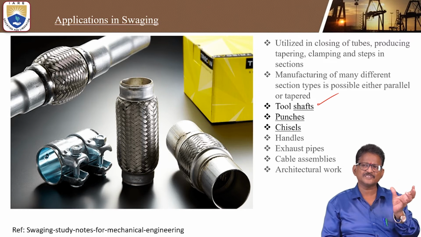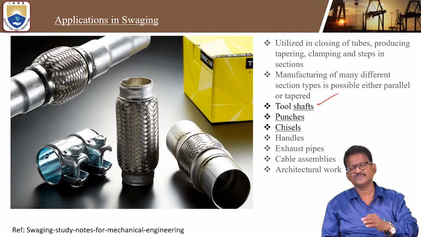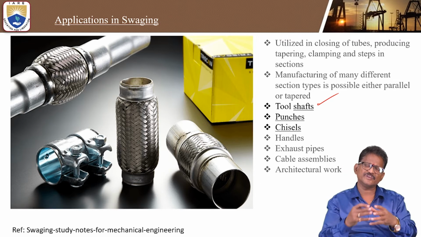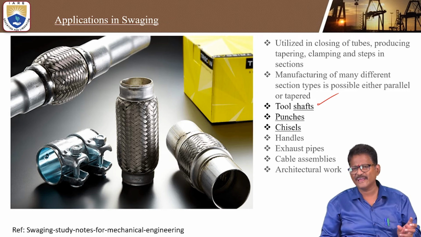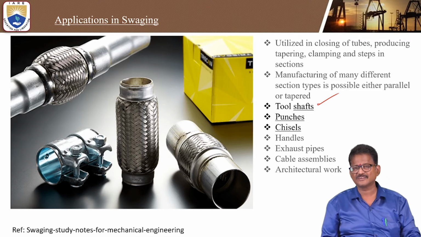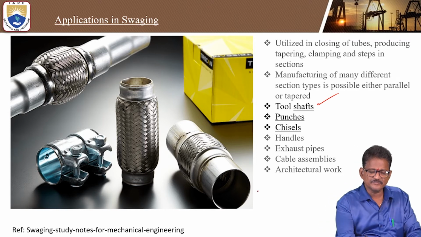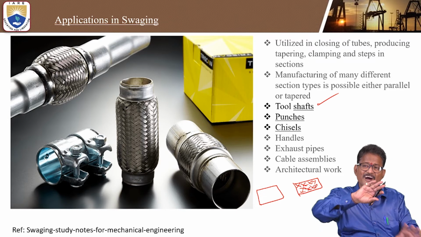It also has cable assemblies, wherever you use a three-phase supply, the RYB cables, where you can fit these types of applications, which are widely used to insert the cables in an effective manner. And some architectural work, some design. You can see that if you have a plain component, instead of that we can perform a diamond-shaped, attractive architectural work.